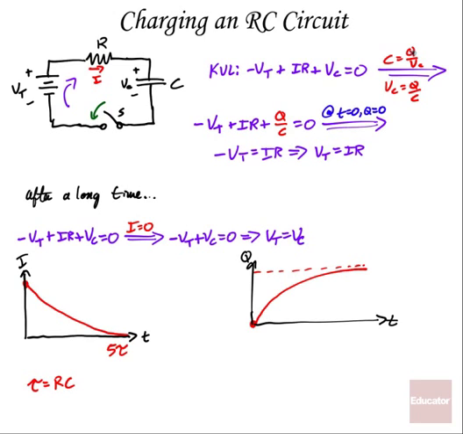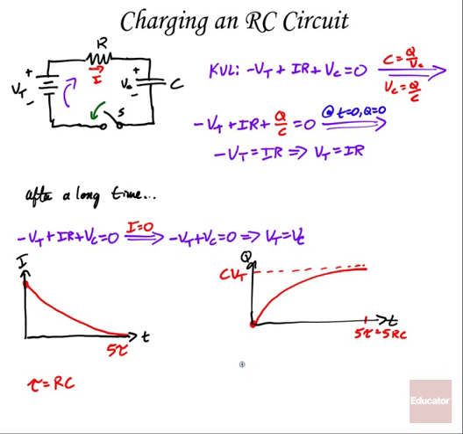Well, if C equals Q over V, Q equals CV. So this is going to be C times V after a long time. But after a long time, the voltage across the capacitor is V terminal. So it's going to look like that. And again, you're 99% of the way there to your final value right about the time you get to 5 tau, or 5 RC, whatever R and C happen to be for your circuit.